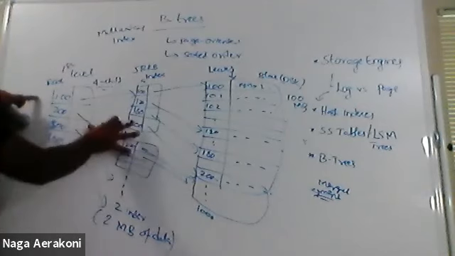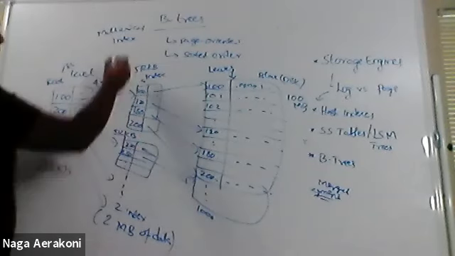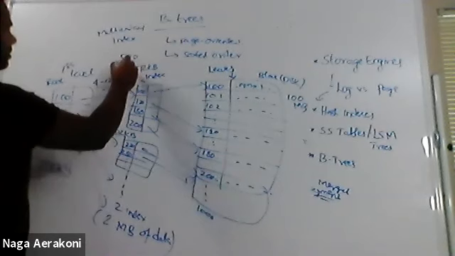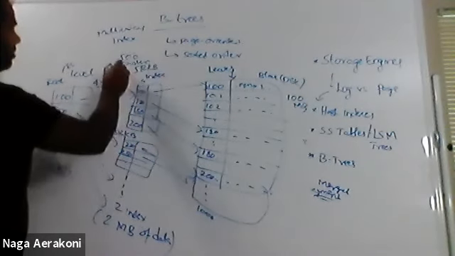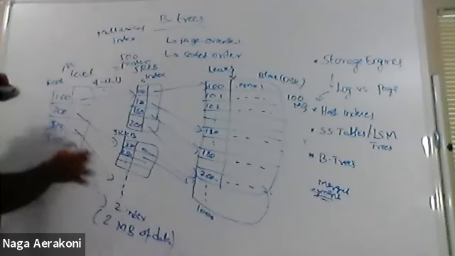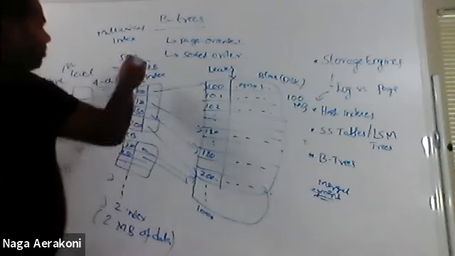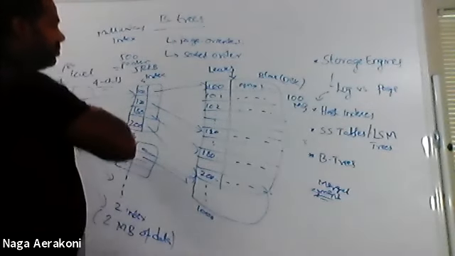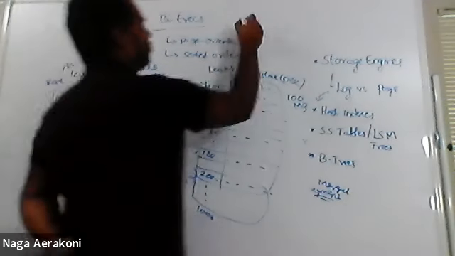These can be of multiple levels depending on the size. And each level can have up to like 500 pointers. With B trees, I'll just give an example with 4 levels.